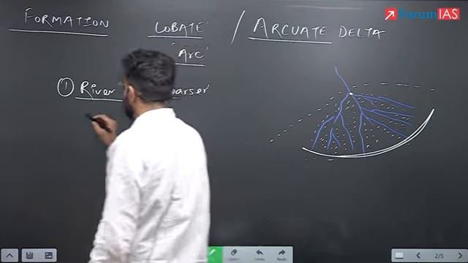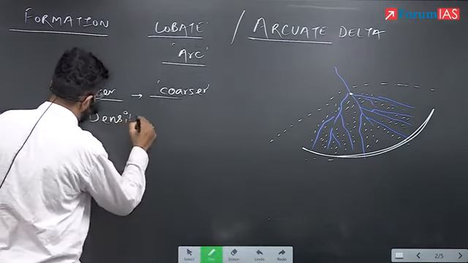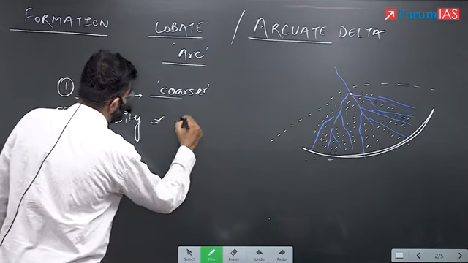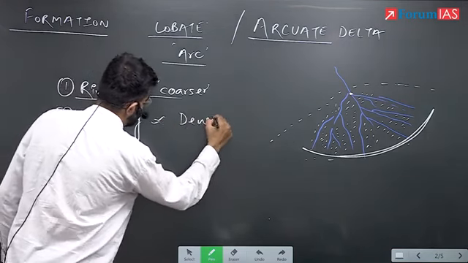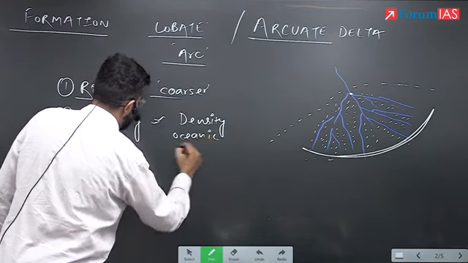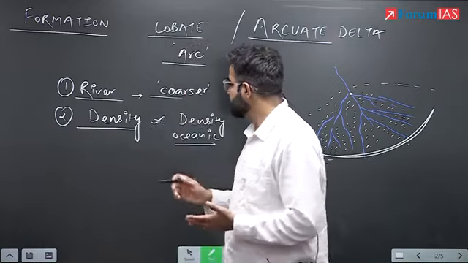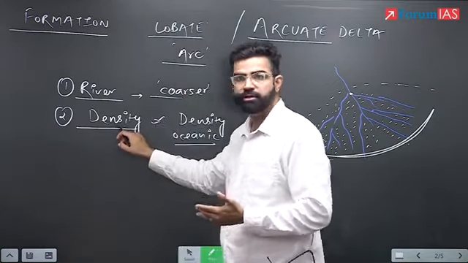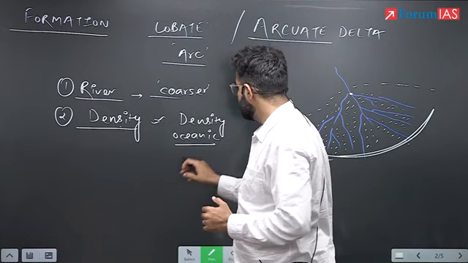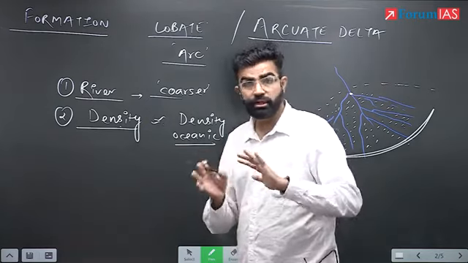The second thing is, we are assuming the density of the river water is comparable to the density of the oceanic water. In broad language, what will happen with this density? If the density of the river water matches the density of the oceanic water, they both are denser, they both are heavier.